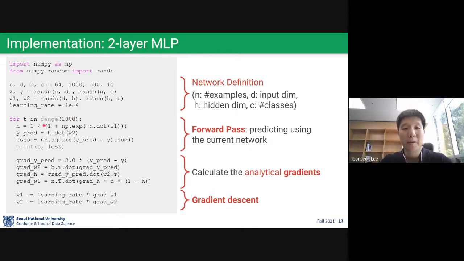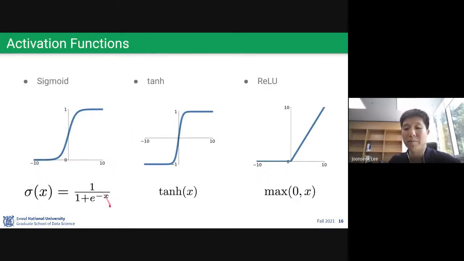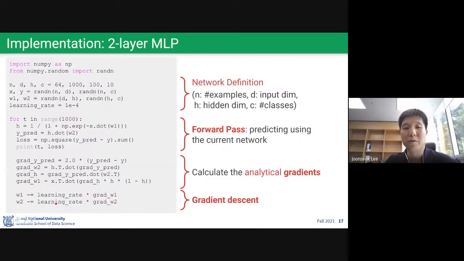So here, this part is the forward pass. We compute the output using our current estimation. So the model is like this. It seems it's using the sigmoid function as its activation function. This is the shape of the sigmoid, remember that? It's implementing basically this function: 1 divided by 1 plus exponential of minus x dot product with W1.